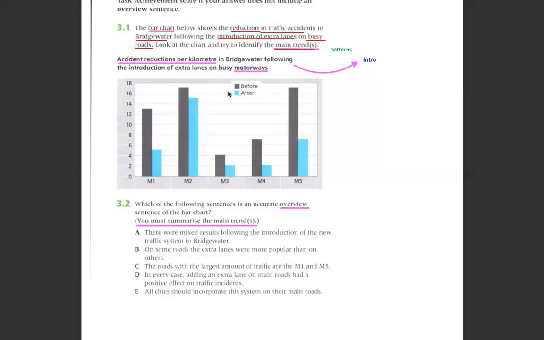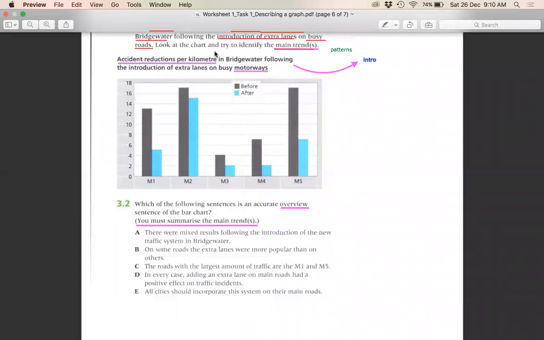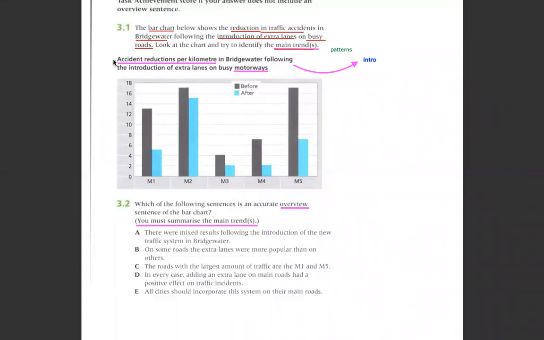All right, remember to also have a look at what is being measured and how. So this says accident per kilometer. So this is the number of accidents per kilometer.